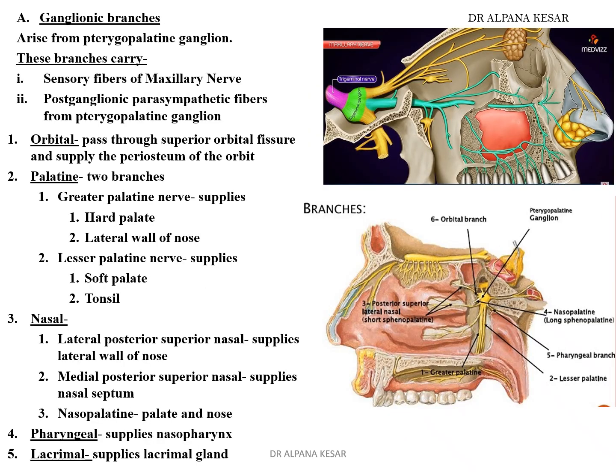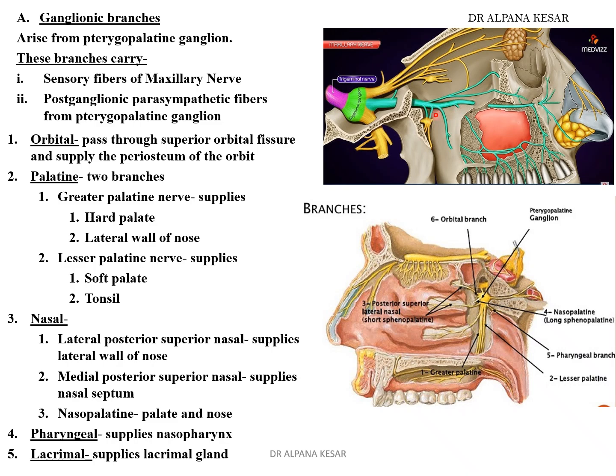Ganglionic branches. There are 5 ganglionic branches that arise from maxillary nerve. Maxillary nerve gives these 5 branches in association with pterygopalatine ganglion. These 5 branches distribute fibers of 1.